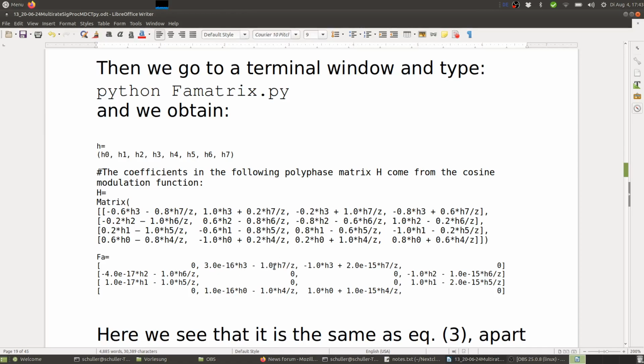So here you have -1 times h7 times z to the -1, and so on. So here on the left hand side you have all those factors z to the -1, and on the right hand side you have none of those factors, because these are all zeros, as you can see here. So even if it says 10 to the -15, it's still 0. So they disappear.